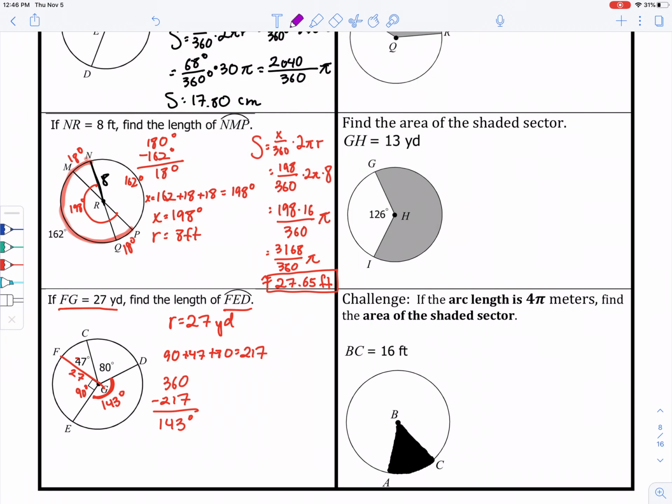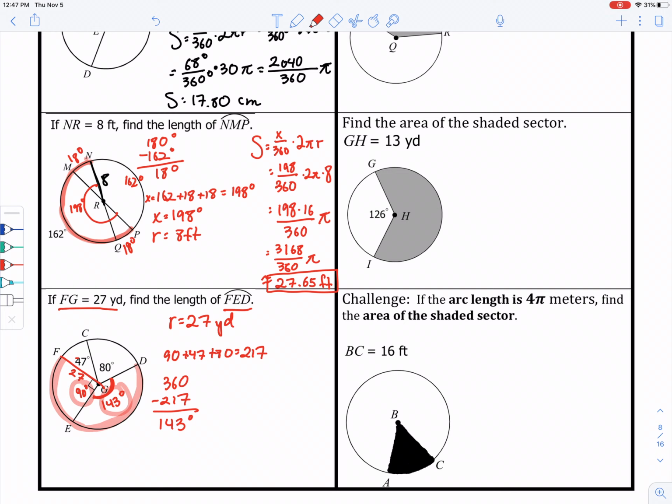Okay, so let's take a look at that. Again, we're going to highlight FED. It's this angle we want to find. So the degrees that we are using for FED are 90 and 143.